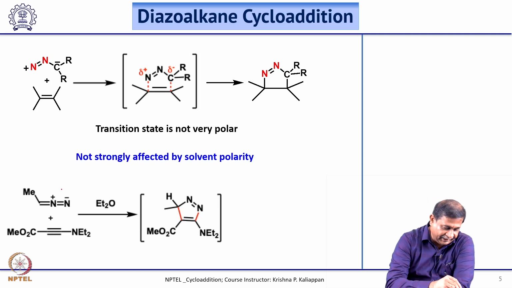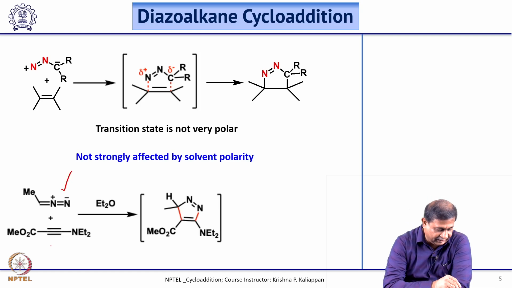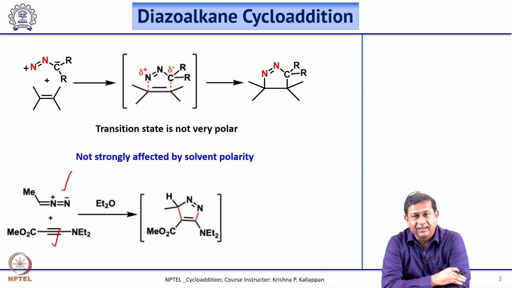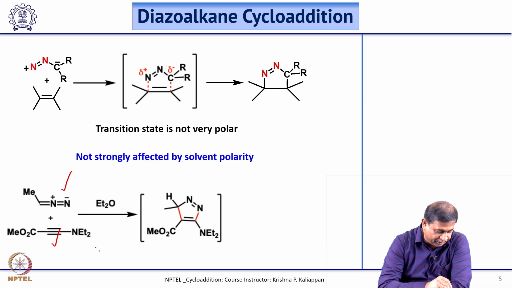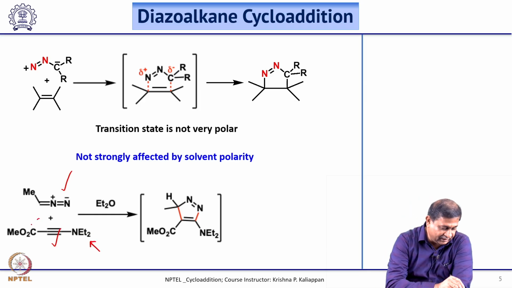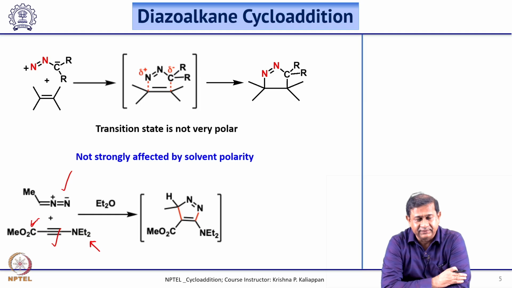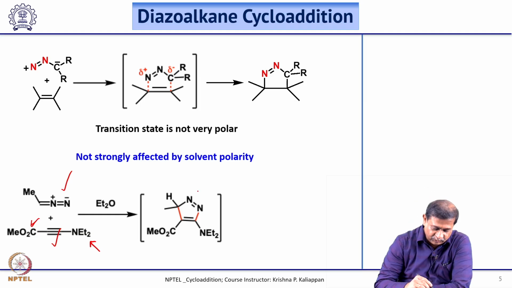So for example, if you take diazoethane and treat it with this alkyne having an electron donating group at one end and an electron withdrawing group at the other end, this can undergo 1,3 dipolar cycloaddition immediately to form this pyrazoline ring. And now you can see there's a hydrogen here.